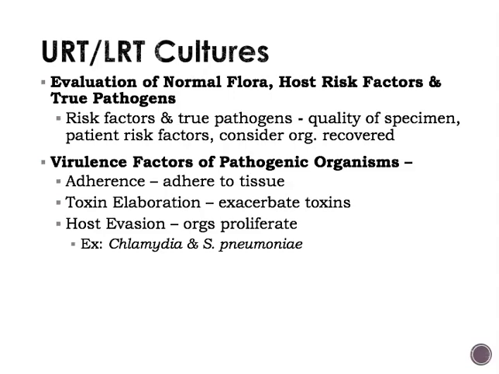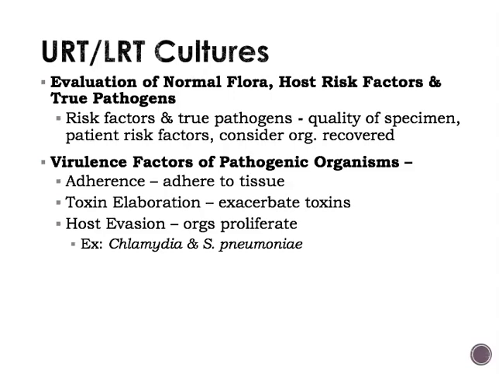Toxin elaboration: certain organisms produce toxins, depending on the specific activity of the toxin and the specific cell within the body that it interacts with. Host evasion also enables microorganisms to proliferate and cause damage to the host. One example would be chlamydia.